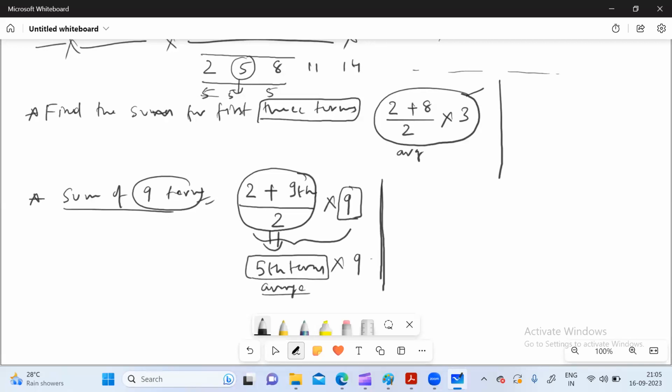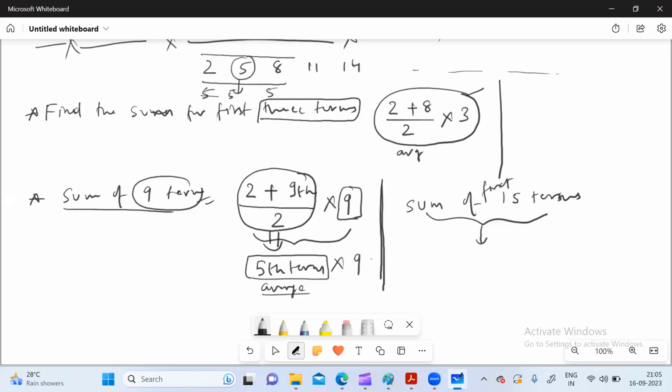Now, if I ask you, find the sum of the first 15 terms, how will you visualize that? Which term will be the average of the first 15 terms? Eighth term into 15.